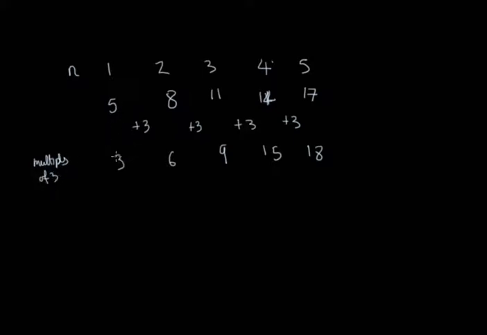Let's think about what we would do to 3 to get 5. Well, we would add 2. 6 to 8, add 2. 9 to 11, add 2. Oh sorry, I've written the wrong number here.